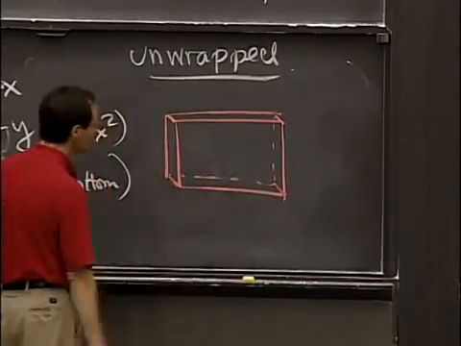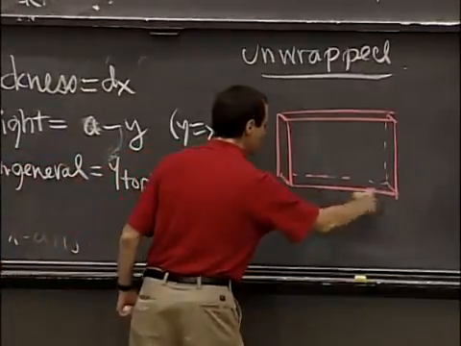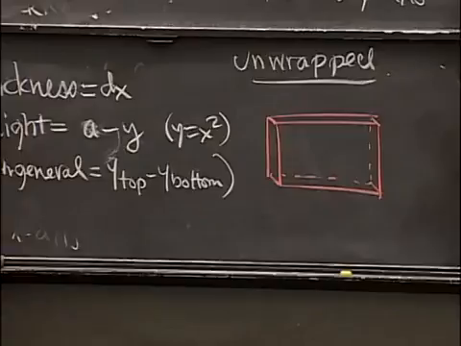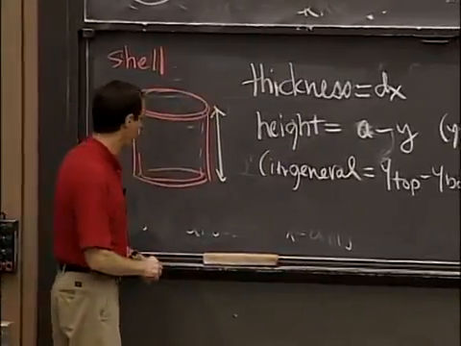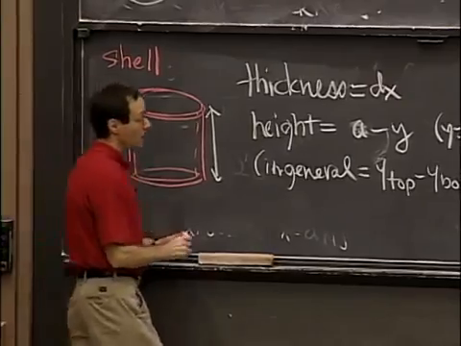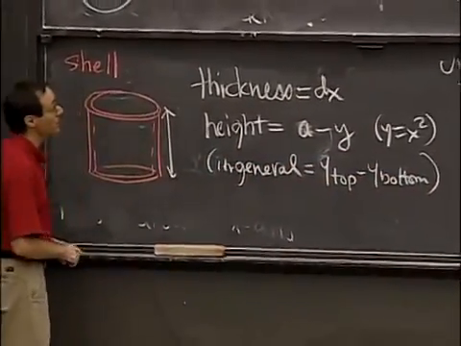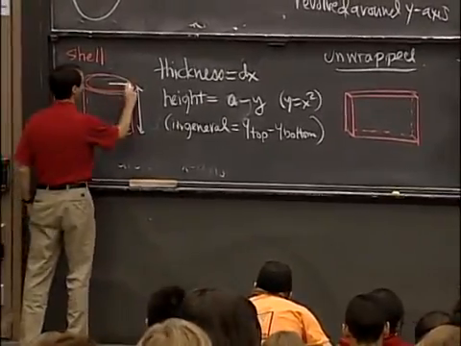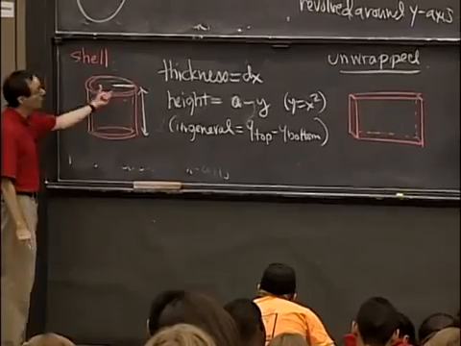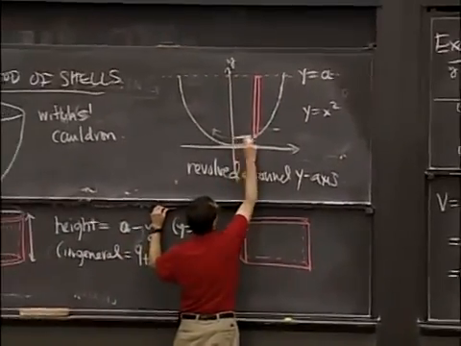And again, the thickness is dx, the height is a minus y, and now we can see that the length here is all the way around. It's the circumference. So this is going to be the circumference when I unwrap it. And in order to figure out the circumference, I need to figure out the radius. So the radius, on this diagram, is right over there.